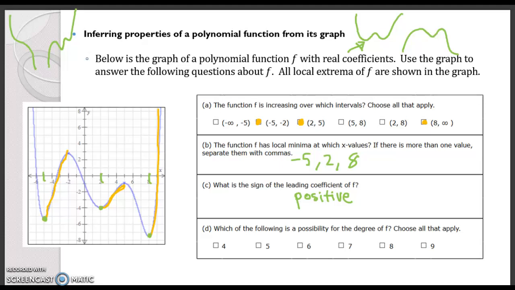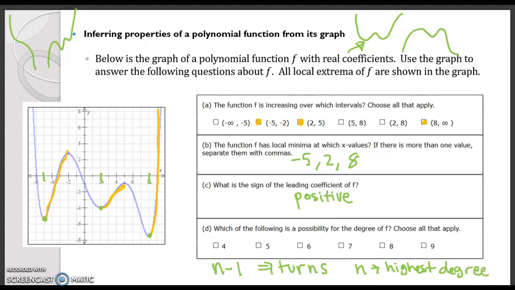Because a function will have no more than n-1 turns, where n, if you remember, is the highest degree of the function.